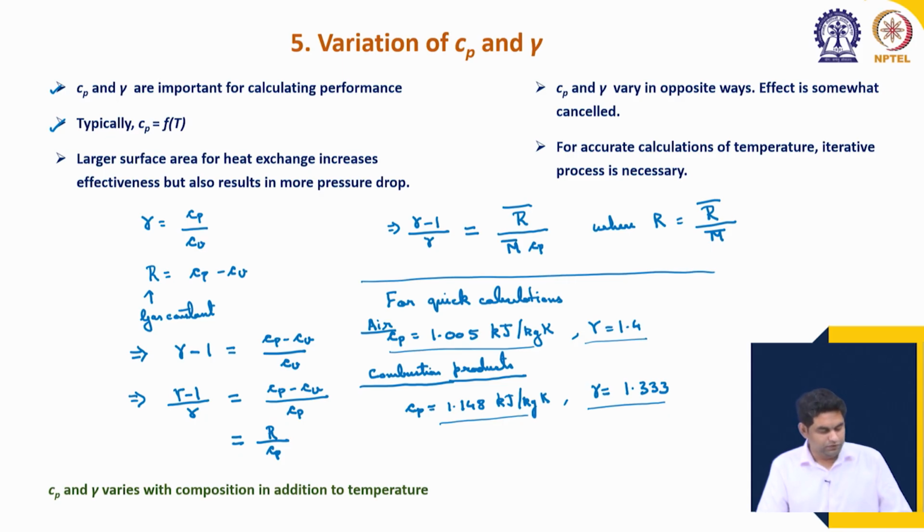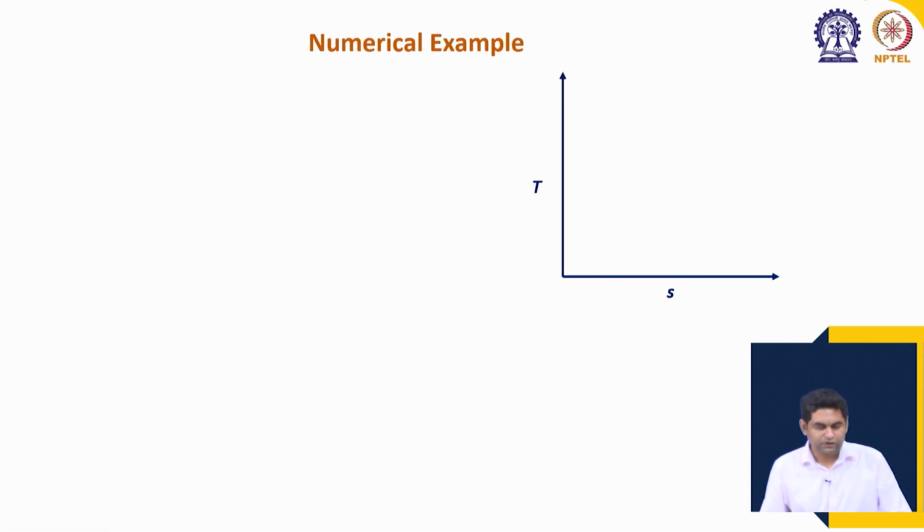So, we have to be careful. If we need more accurate calculation, we need to consider the variation with composition and temperature, and to get very accurate variation with composition, we need to solve for the change in composition, which means that we need to find the concentration of various reactants and products, which itself will be a very involved task. Now we will finish this class with a simple numerical example to illustrate how these calculations are done.